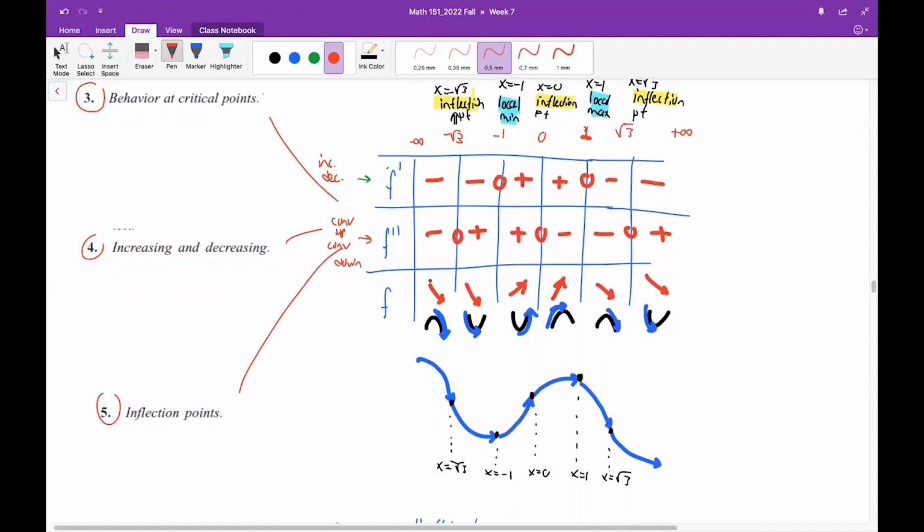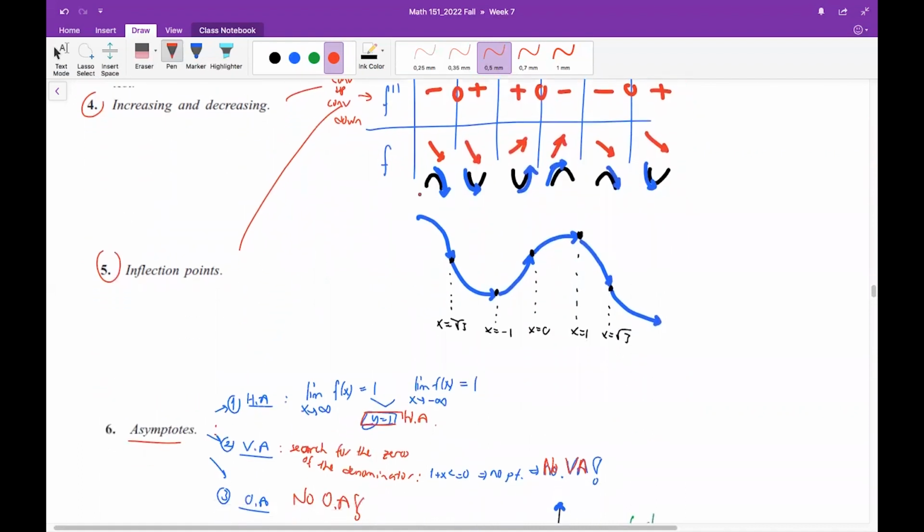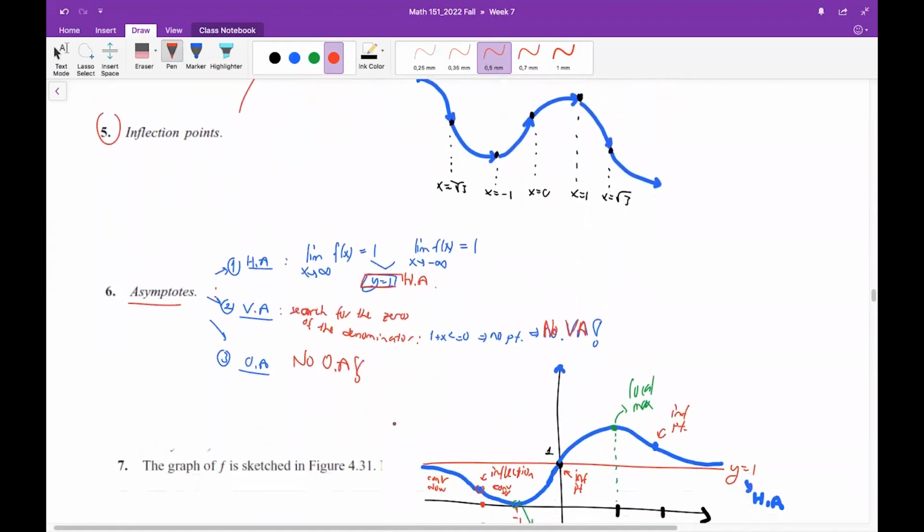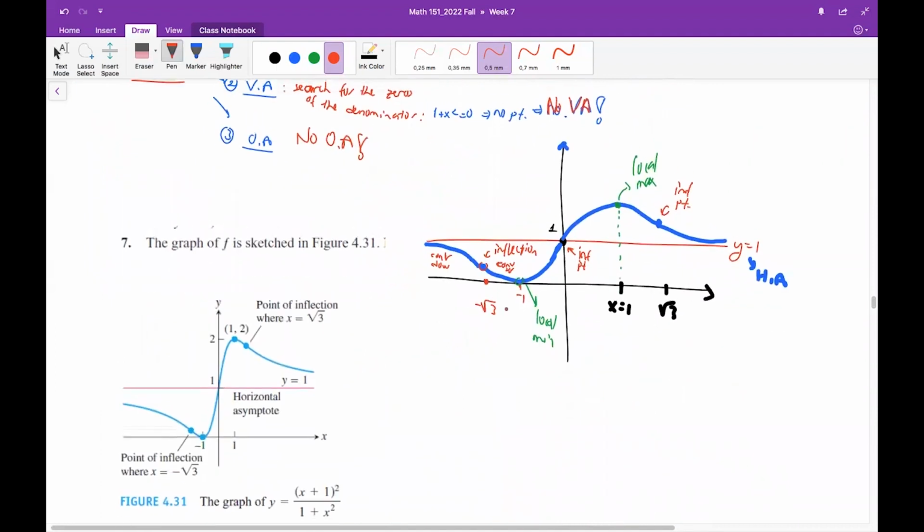And finally, you will combine increasing, decreasing information with the concavity information to obtain this general shape. And you will just draw this general shape very carefully, also considering the asymptotes in your Cartesian axes to obtain the actual graph, okay?